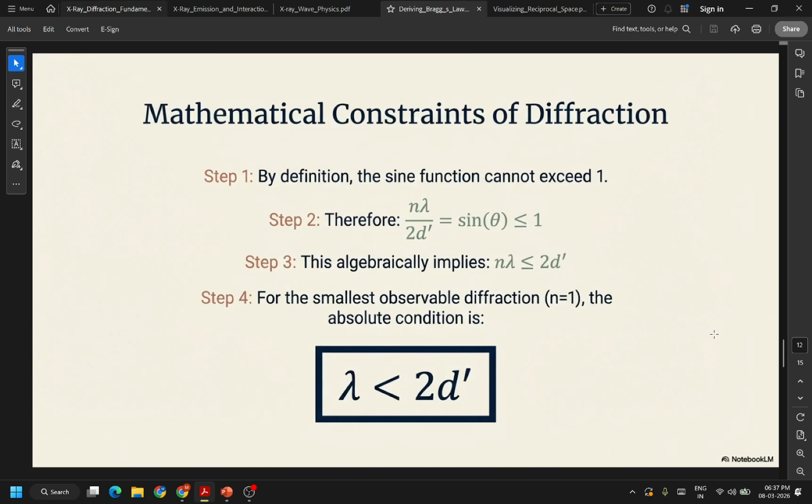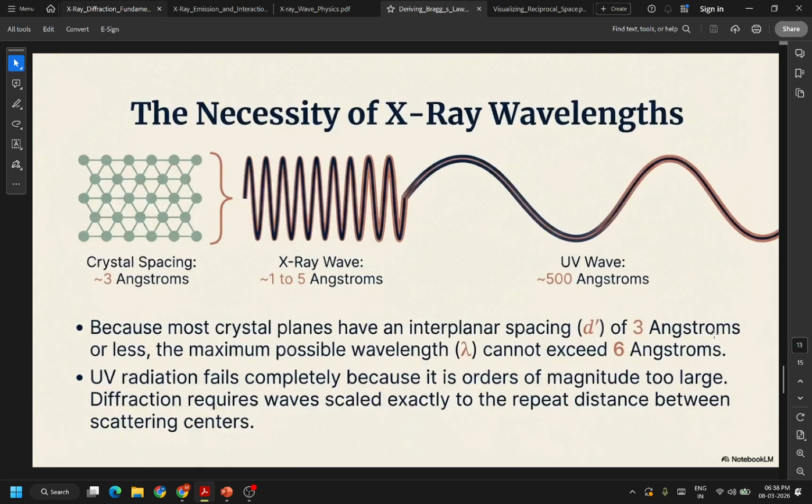So by this definition, lambda has to be less than 2 d dash. So the probing wavelength has to be less than 2 times the interplanar spacing for us to see X-ray diffraction.